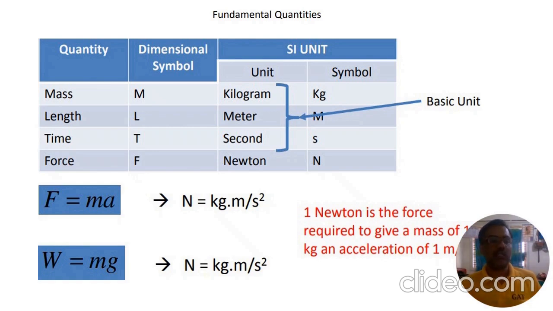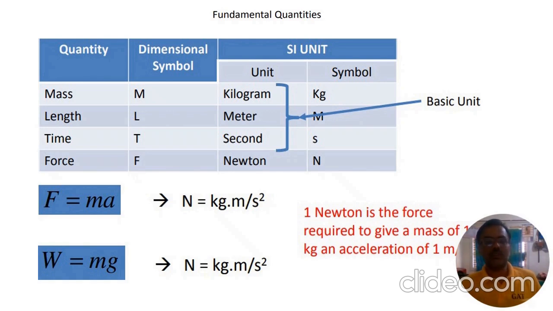From Newton's second law, you're familiar with F equals ma, mass into acceleration, and the unit of force is Newton, and the acceleration is meter per second square, and the product of the mass kg and acceleration, which is the rate of change of velocity, that is meter per second square.